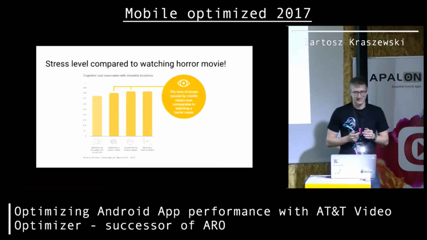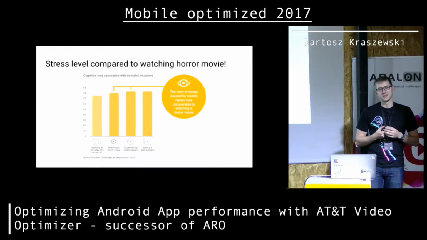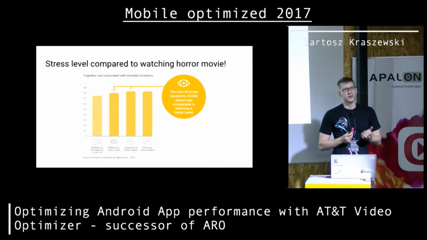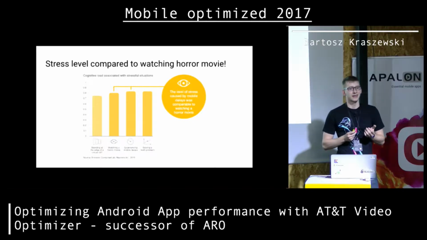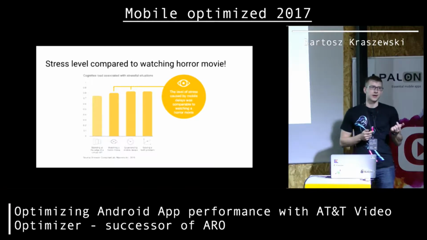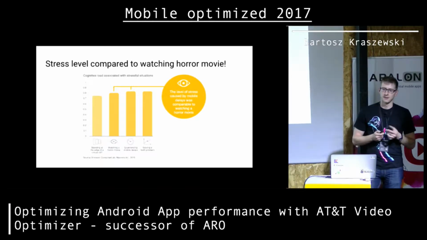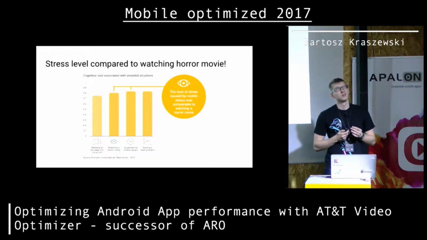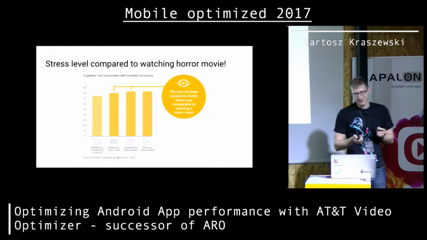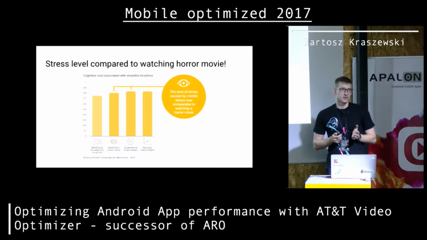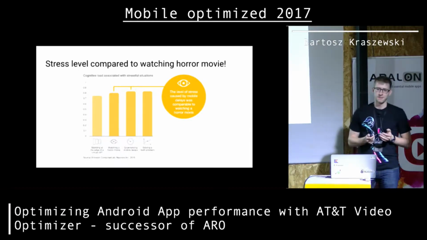That's very good. Based on Ericsson research, the stress level that users experience during mobile content delay is comparable to watching a horror movie or doing really serious, hard mathematical problems. Another graph displayed here was named standing on top of a virtual cliff. That's not a pleasant thing to do.